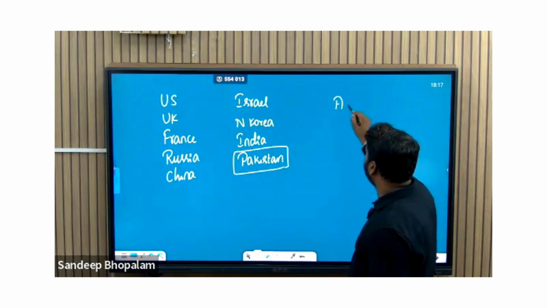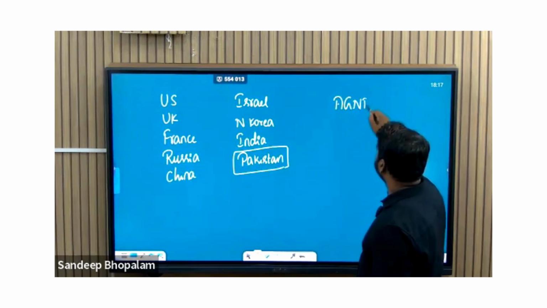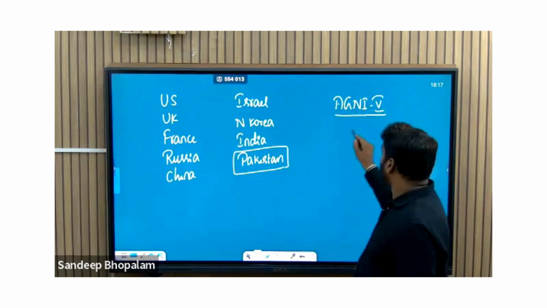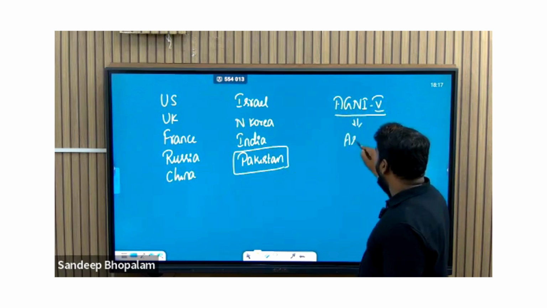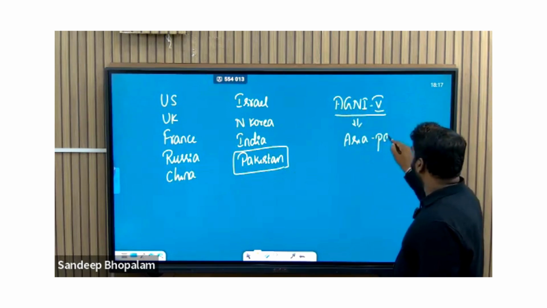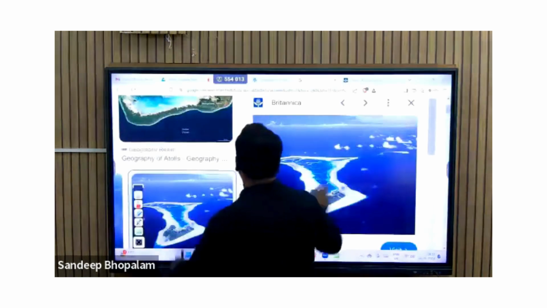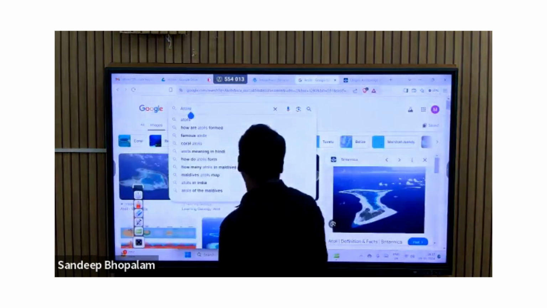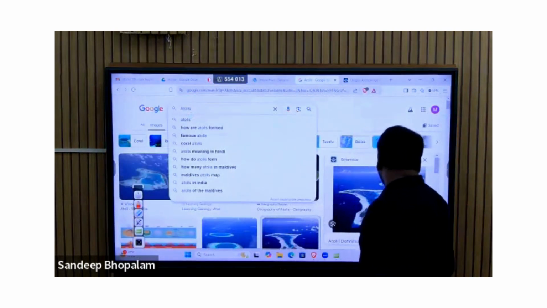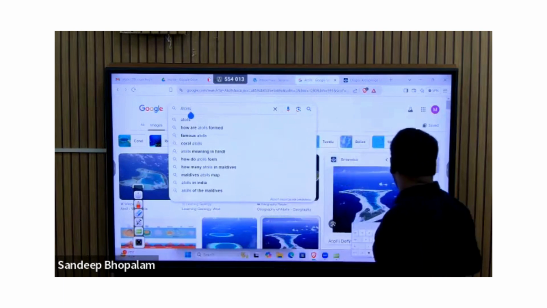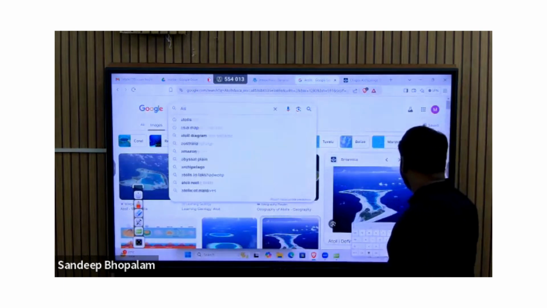Whereas when you look at India's Agni, which we tested, it can reach till the Asia Pacific region. What exactly is the Asia Pacific region? If you check, these areas are very important geographically for you.